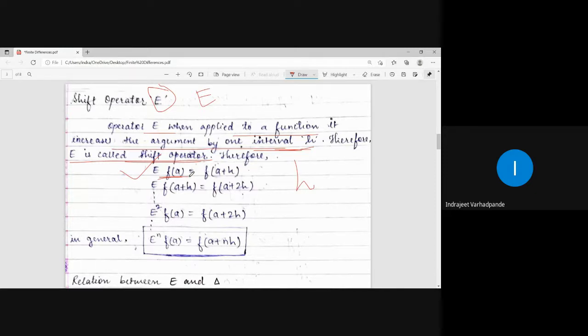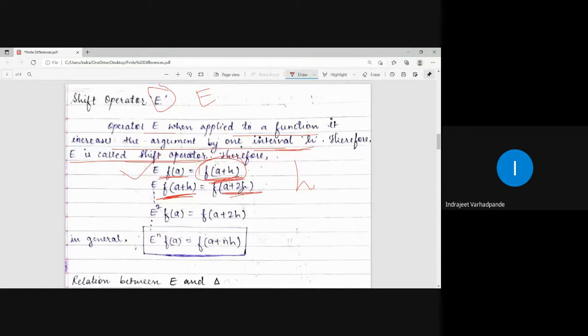E, when operated on f of a, will result in an increase in the argument by the interval h. So E operated on f of a gives you f of a plus h. E operated on f of a plus h gives you an increase in the argument by the interval h, so a plus h becomes a plus 2h.